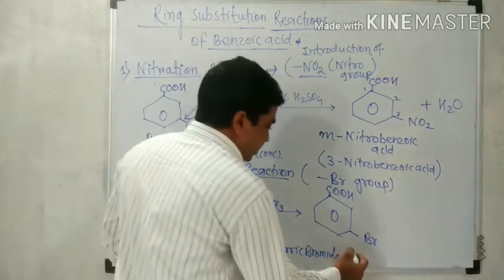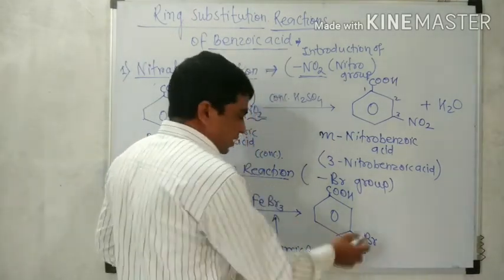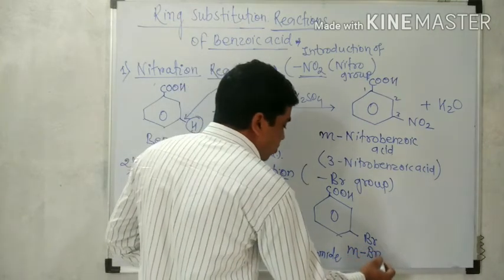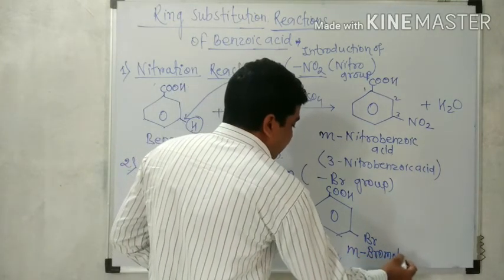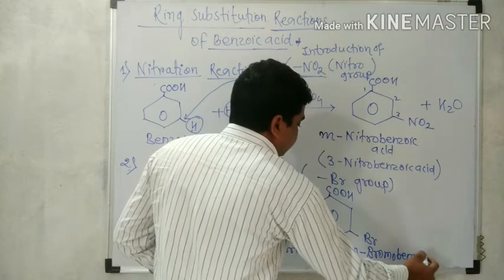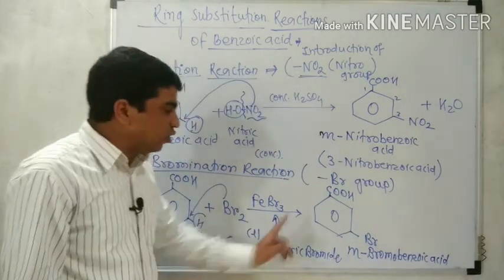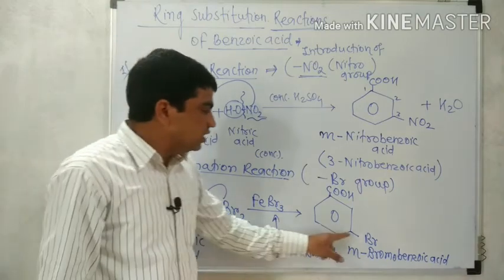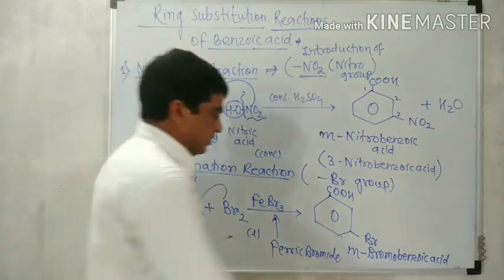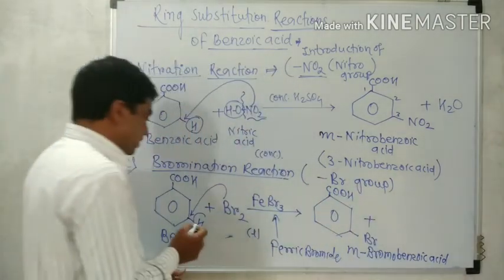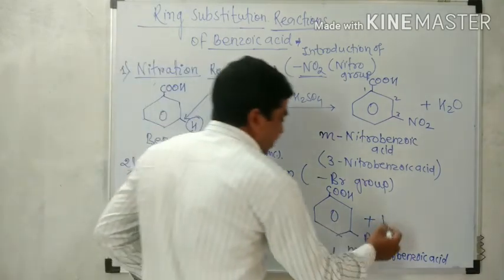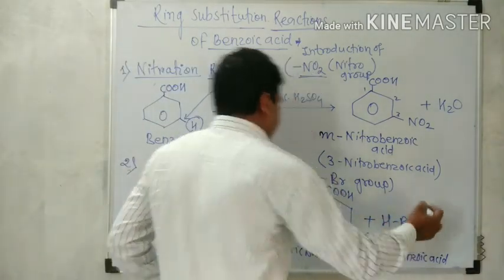Therefore, we obtain the name of this product: meta position contains bromine, meta-bromo, remaining is benzoic acid, meta-bromobenzoic acid, or in the IUPAC system it is called 3-bromobenzoic acid. Remaining again H and remaining Br, HBr, hydrogen bromide.